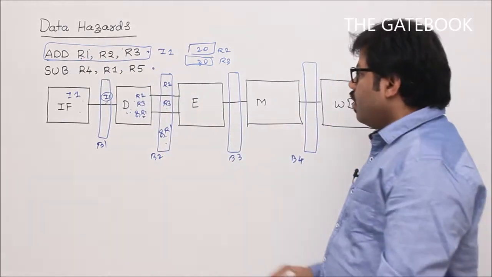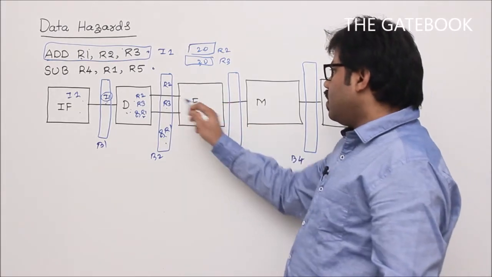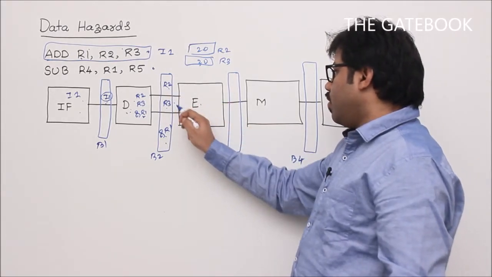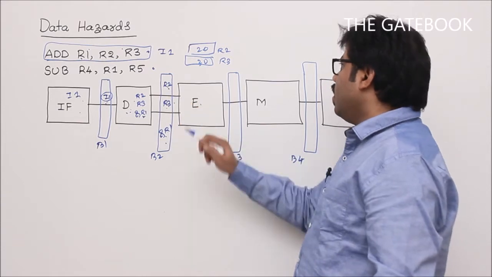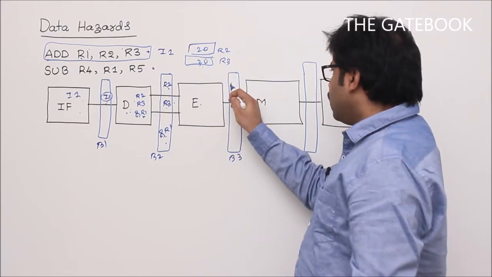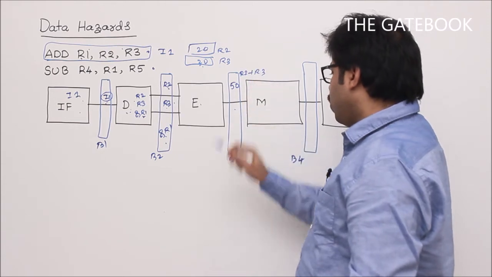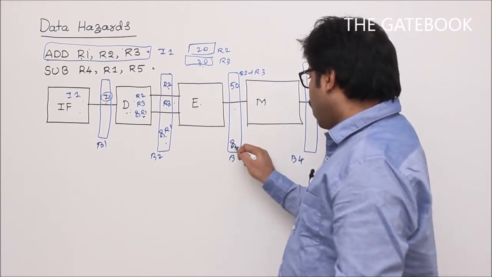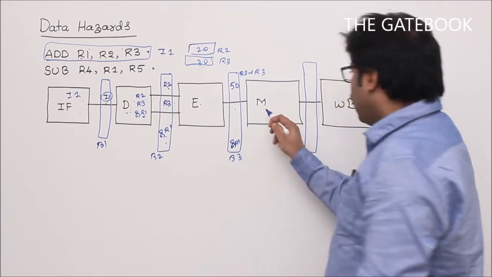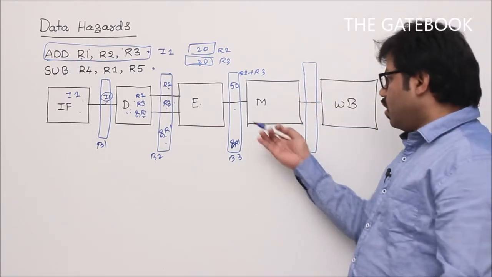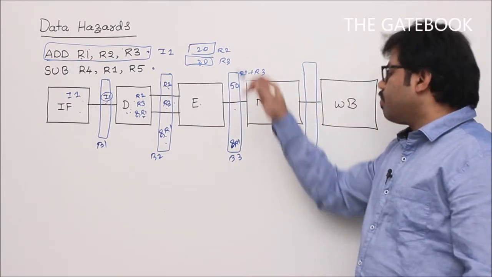Now in the execution stage, since it is connected to this buffer, R2 and R3 will be added, 20 and 30, and that result 50, which is nothing but R2 plus R3, will be forwarded to this buffer. The address of R1 also will be forwarded, so that the memory stage can make use of these things.